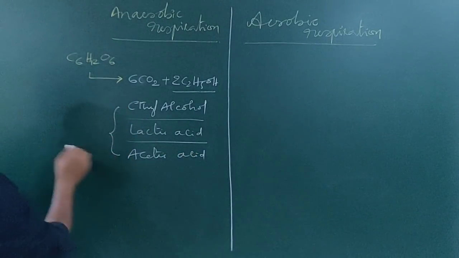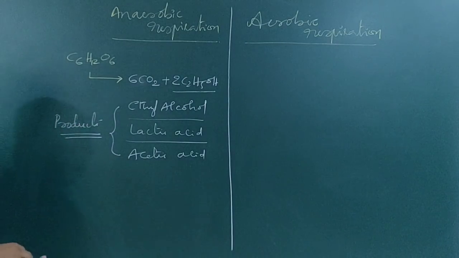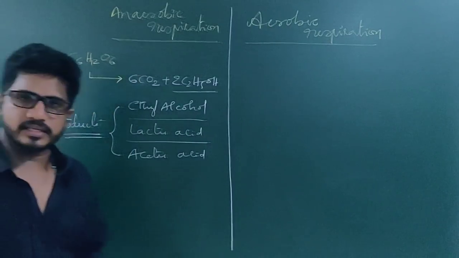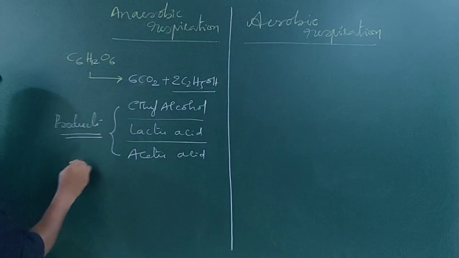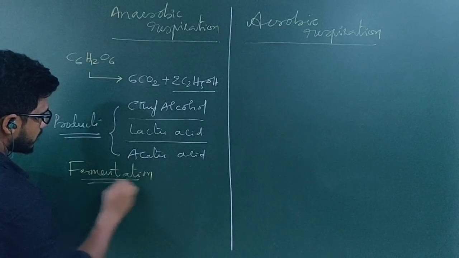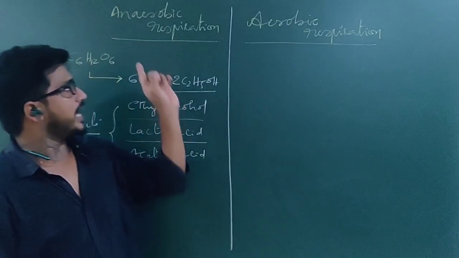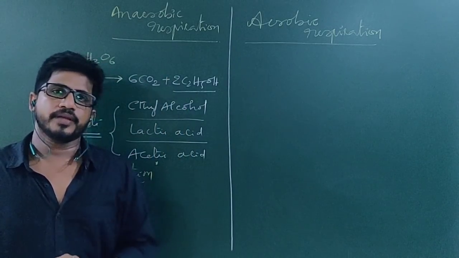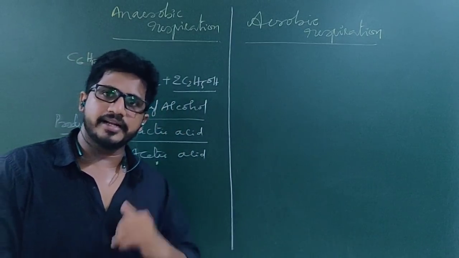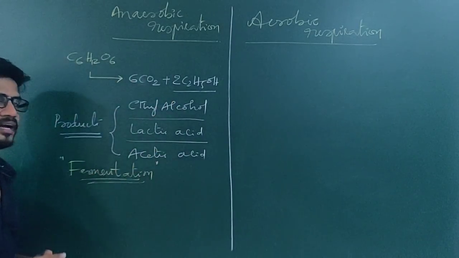These are the products. The process involved in anaerobic respiration that produces ethyl alcohol, lactic acid and acetic acid is fermentation. Very important. This word will be used many times in first and second year. What is fermentation? Fermentation is an anaerobic respiration in which bacteria-like organisms do not take in oxygen, and respire and produce ethyl alcohol or lactic acid and acetic acid.